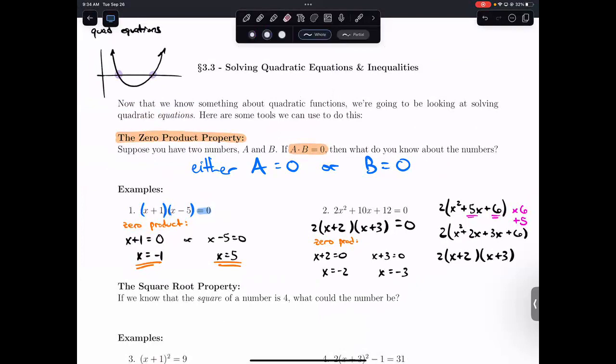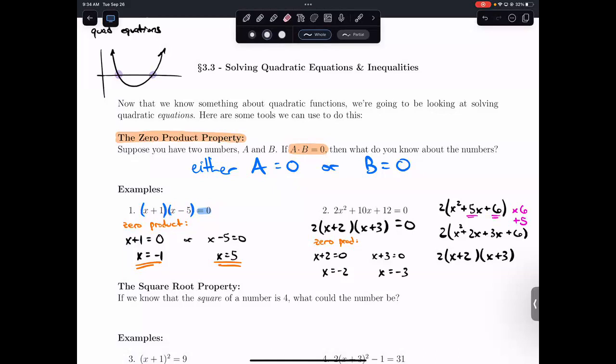Could be 1 and 6, could be 2 and 3, could be 12 and a half, could be infinitely many things. I don't even know if they're both positive, right? They can both be positive, they can both be negative. I don't have any idea. I know nothing about this, so I cannot do the same thing and split it up and solve them individually, right? That's why the name of the thing is the 0 product property.